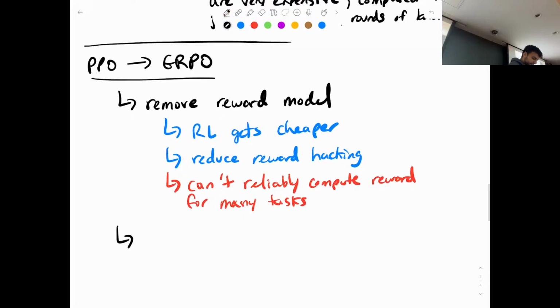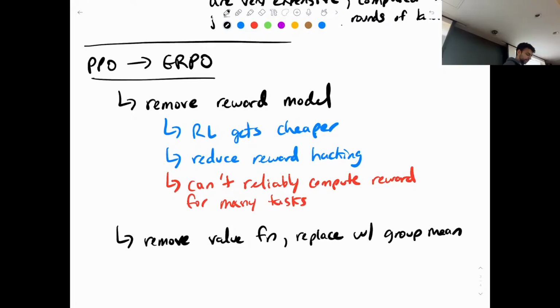Okay, the other idea is that we remove the value function, which, remember, we were using to compute the baseline in the PPO algorithm. And we'll replace that with the group mean, actually the z-score.